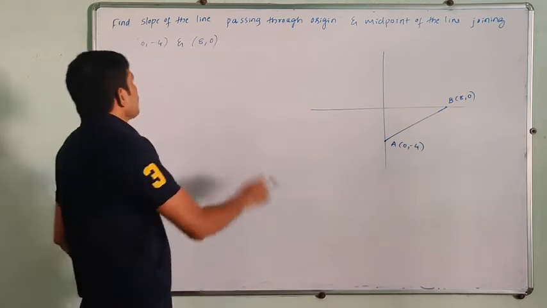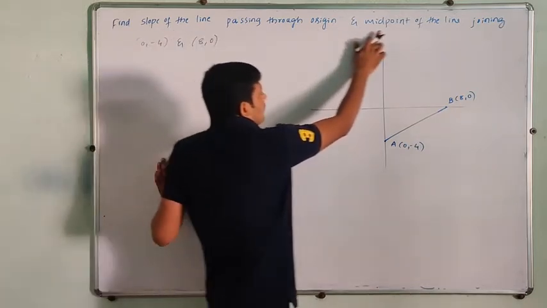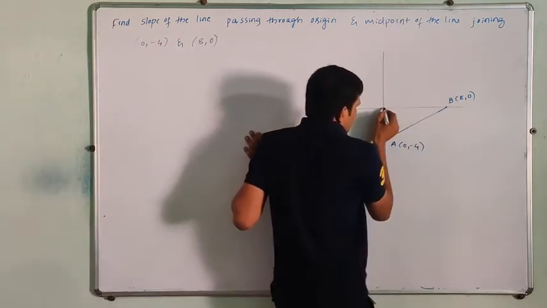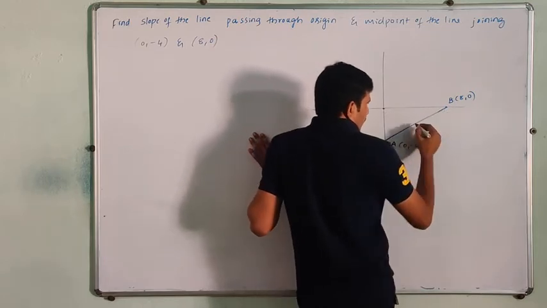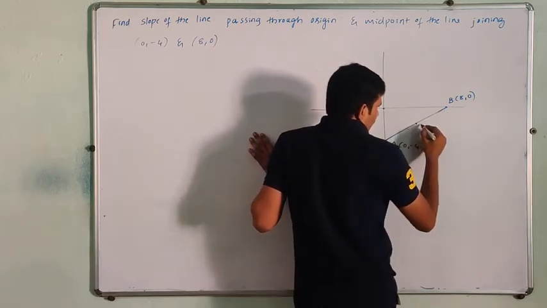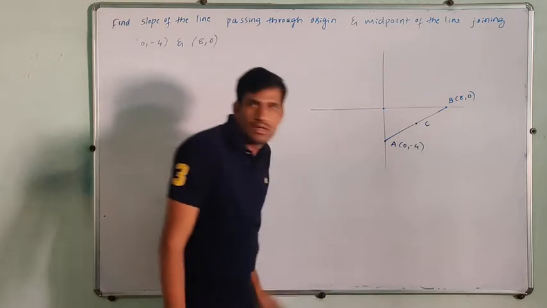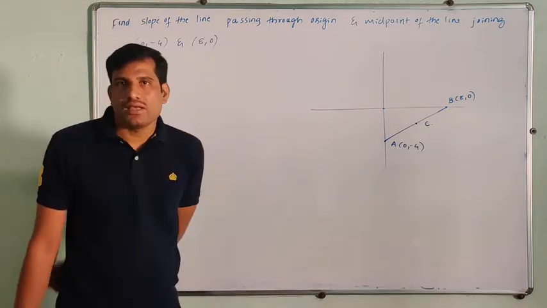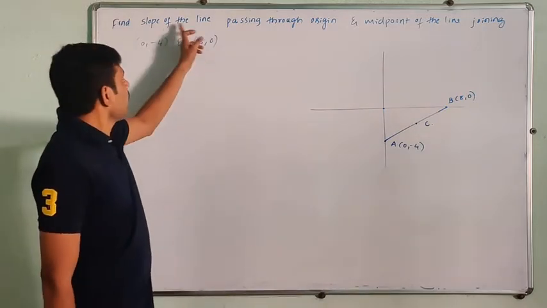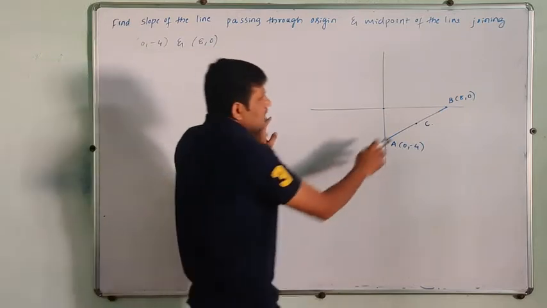Now find the slope of a line passing through the origin. This is the origin, and let us say the midpoint of line AB is point C. Now we are finding the slope of the line passing through the origin and this midpoint.